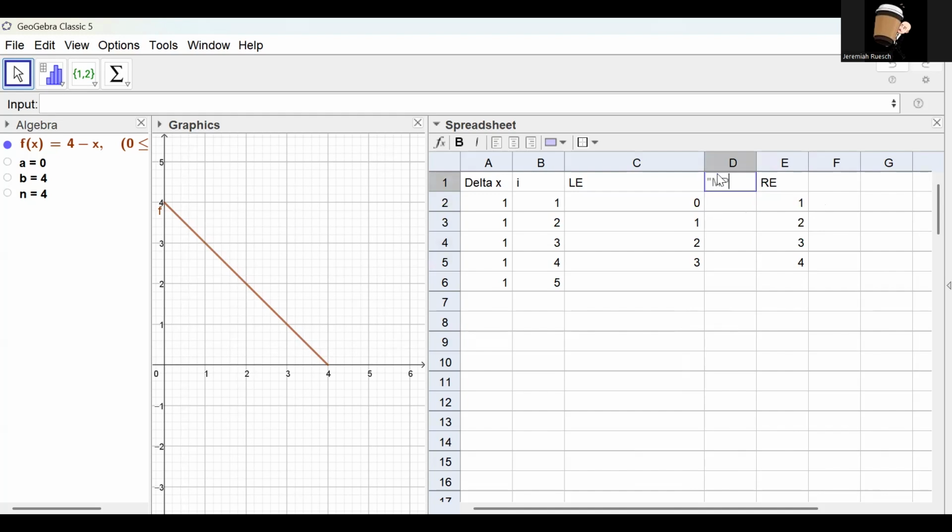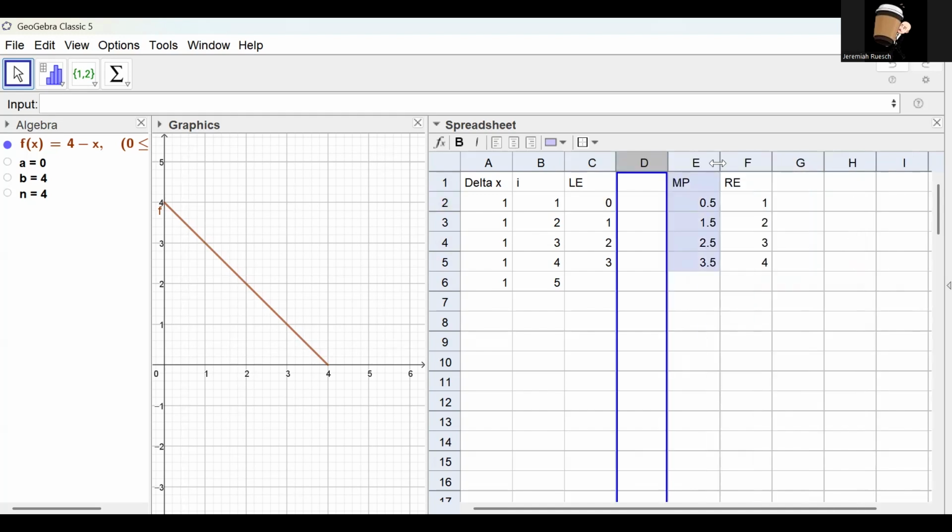And then here, the midpoint is the A plus I, which is B2 minus a half times delta X, which is A2. Okay, so that gives us then, so those are our 4 XI values, the left here.